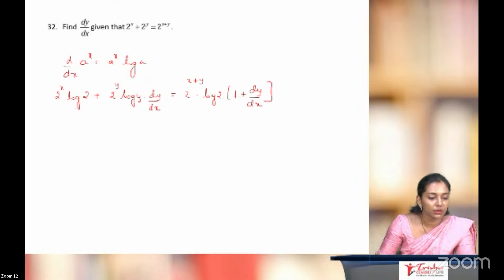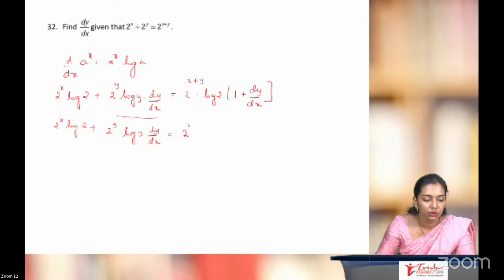So here what we have to do is collect the dy by dx terms to one side. Here you have one term, and when you multiply this with dy by dx, here you have one more term of dy by dx. So 2 to the power x log 2 plus 2 to the power y log 2 dy by dx equal to 2 to the power x plus y log 2 plus 2 to the power x plus y log 2 into dy by dx.